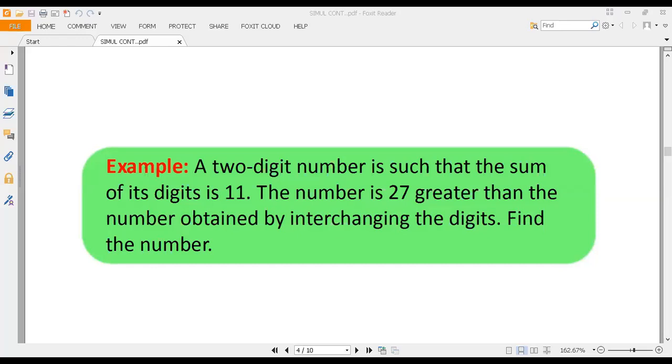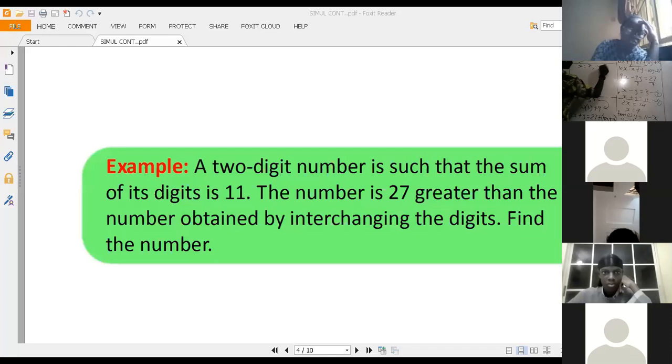Remember, we got our x to be 7, and we have y to be 4.